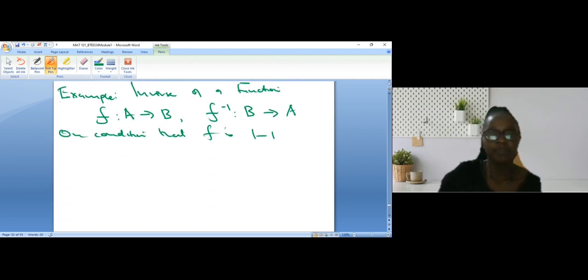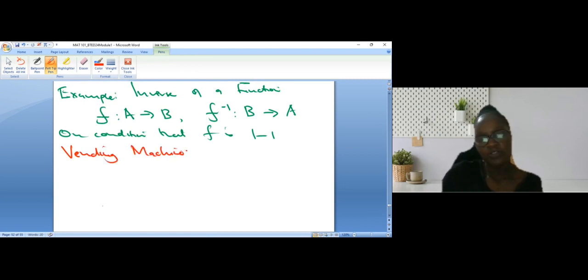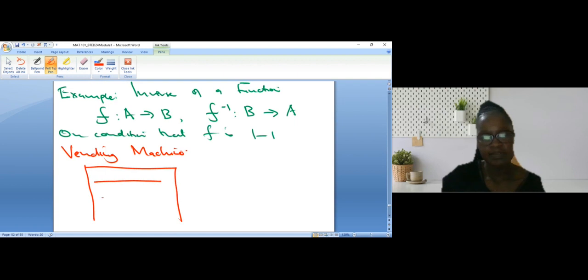So let me explain this. For example, let's go back to a vending machine. So in a vending machine, you have the food items. I have the food items in the first row, in the second row. Maybe these ones I've assigned them code 1.